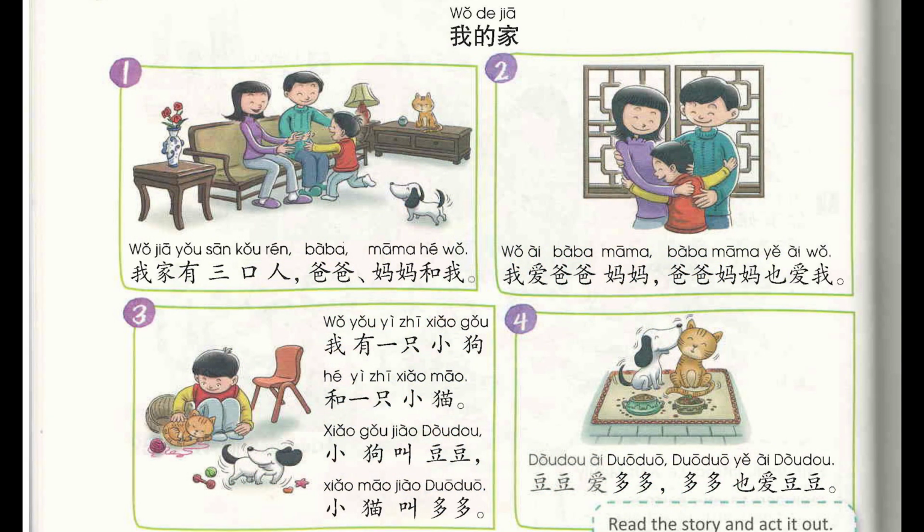Now let's read another story. Title is 我的家。That means my family. Look at picture number 1. 我家有3口人。That means there are 3 people in my family.